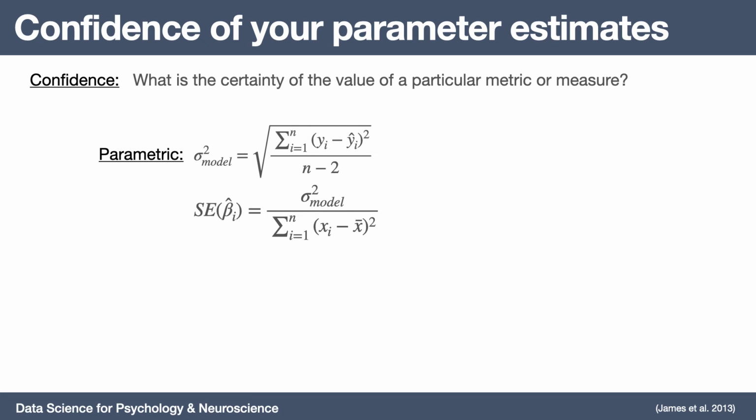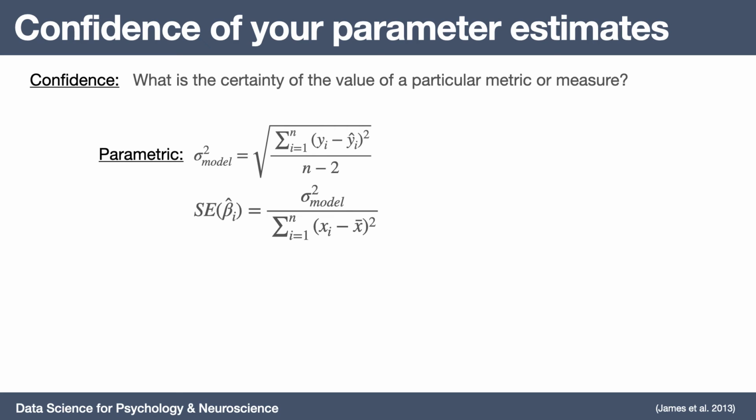This standard error of your regression coefficient is an estimate in the confidence of the value that you fit for your regression model. If beta hat 1 is 0.5, is 0.5 most likely going to be the observed value plus or minus 0.2, 0.02, 3?